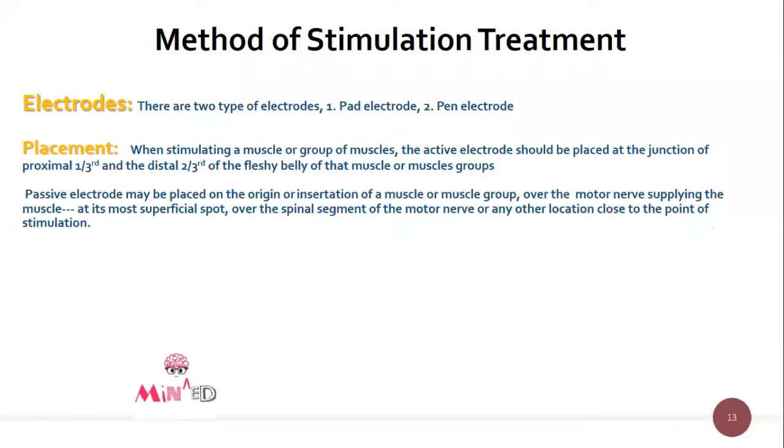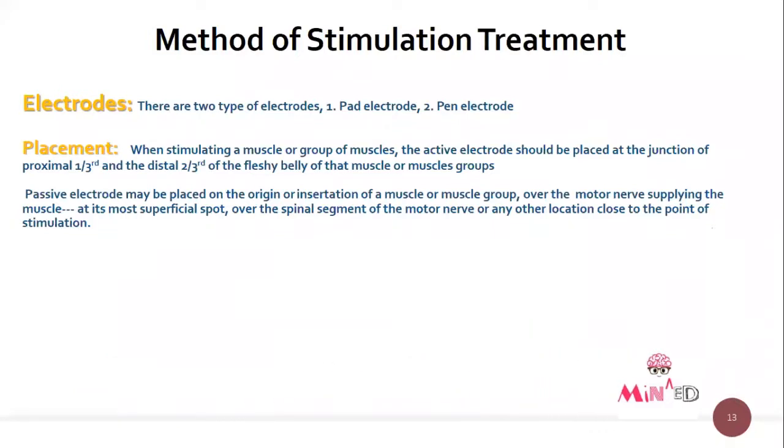There are two types of current pad we use, cathode and anode. You have to note down ABC: active, black, cathode. It will be applied at the nerve origination, and use the anode on the stimulating area.